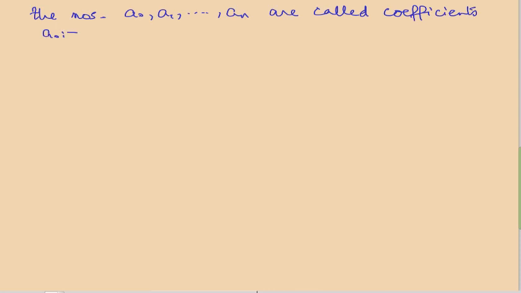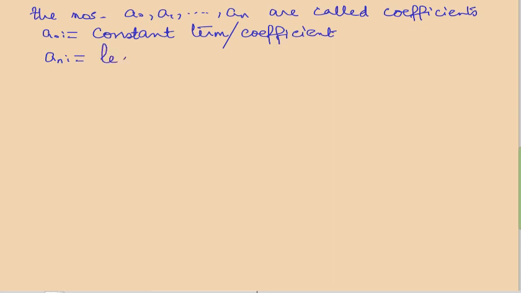A0 is often called the constant term, or the constant coefficient. An is said to be the leading term or the leading coefficient.